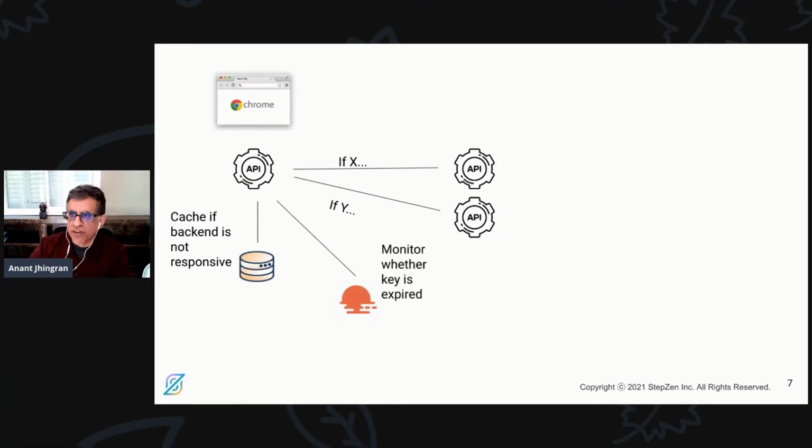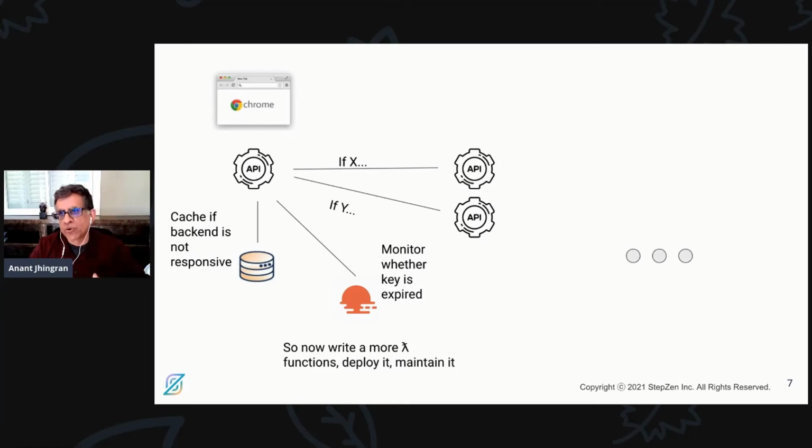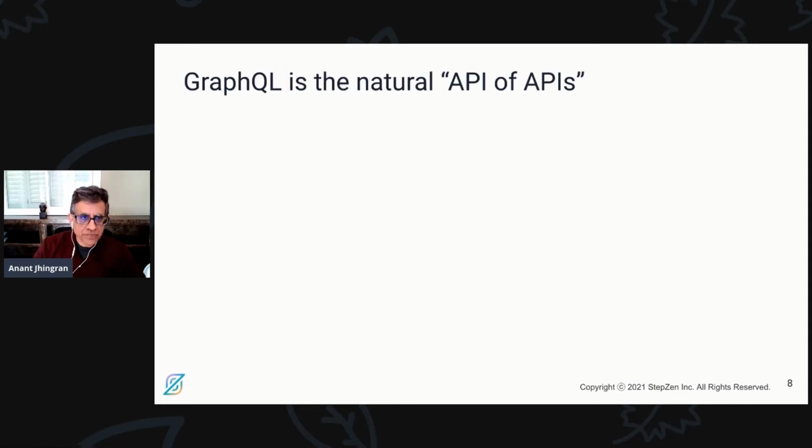You have to monitor whether your key has expired or not, because otherwise you're going to give suboptimal functions. So now you write more Lambda functions and you deploy them and you maintain them, et cetera, et cetera. So to really make the API story work, there's a decent amount of work that you need to do to build, manage, and protect yourself.